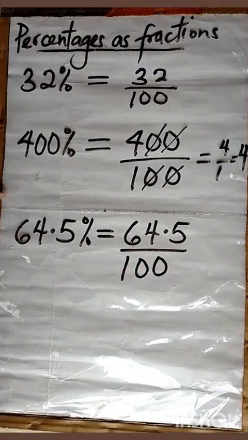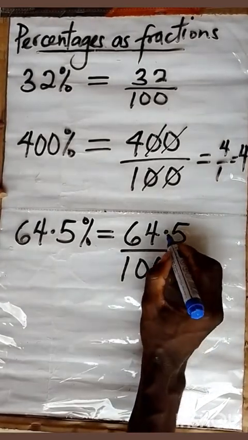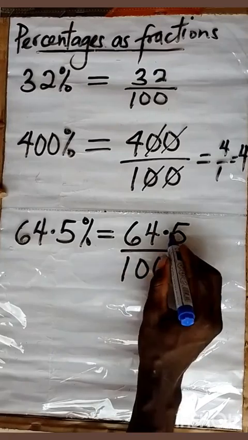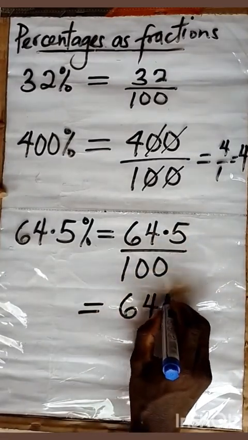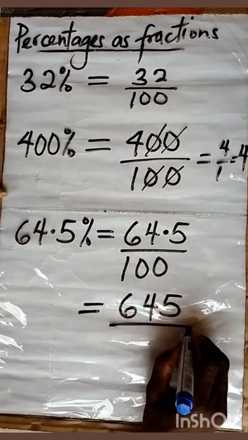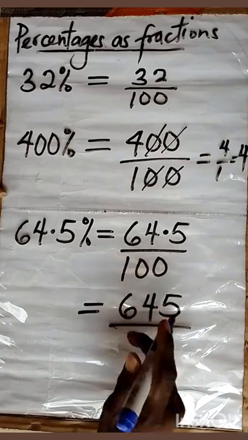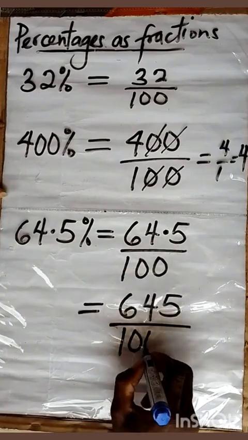But remember, we have done decimals as fractions. So now I want to remove this decimal point, and it becomes 645 over 100.